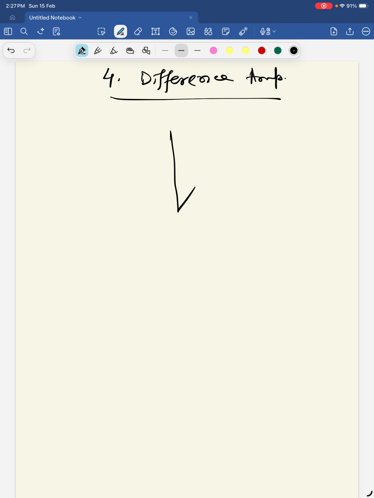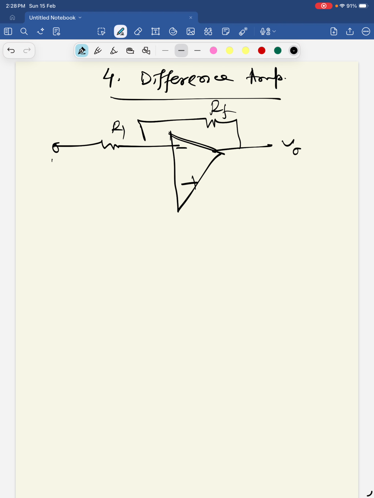So this is op-amp. Always we draw like this, minus plus. This is RF. Always this is V0. This is RF. This is R1. Suppose this is V2. Now we are applying V1 here, at the non-inverting terminal. One more resistance here.